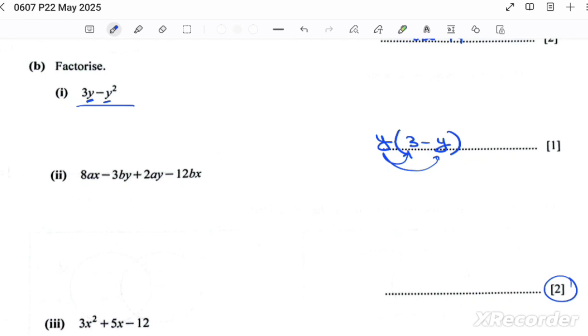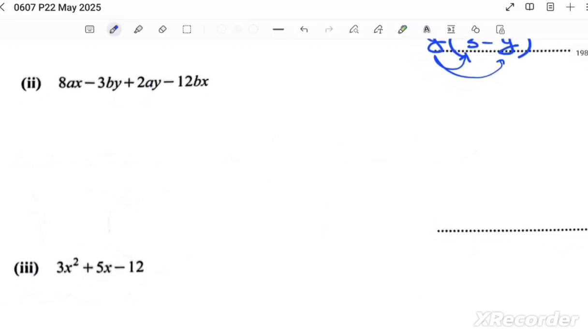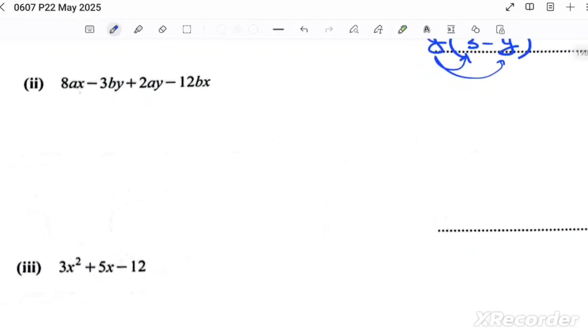To factorize, usually we need to collect the like terms. So when you look at this one, I have here x, and there we have x. So I'll collect those two terms. 8 and minus 12, I can factorize here to be take 4.